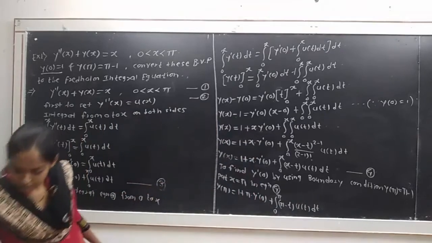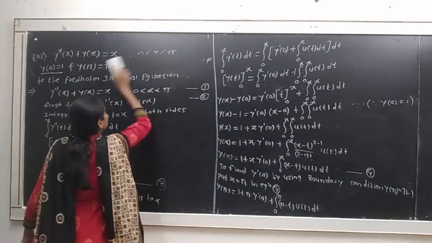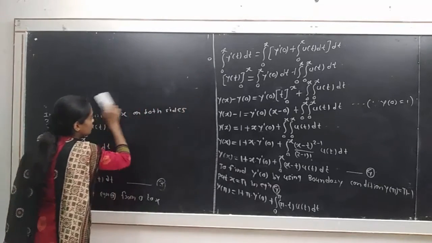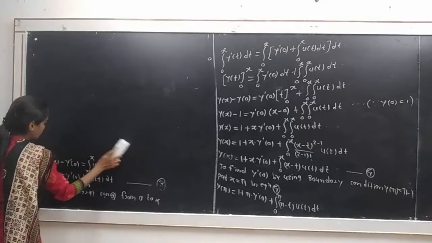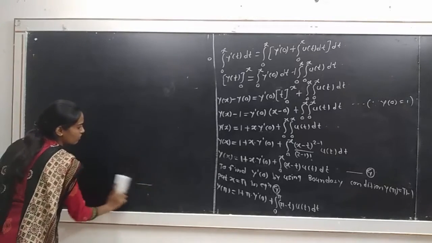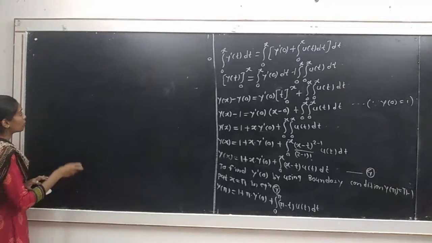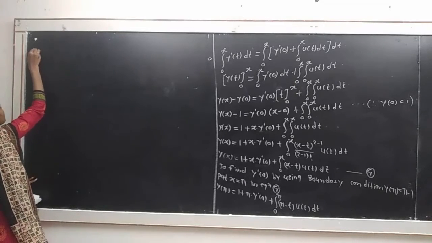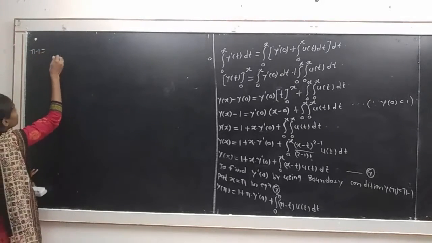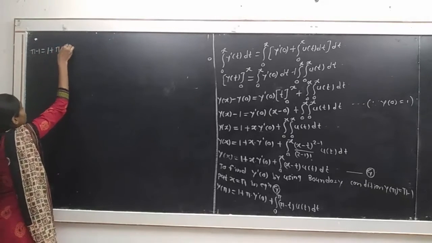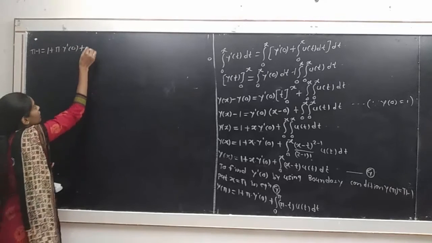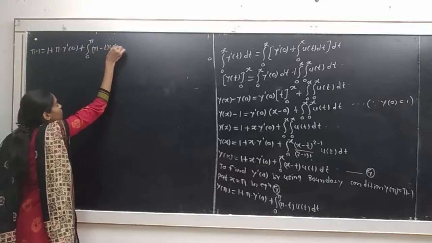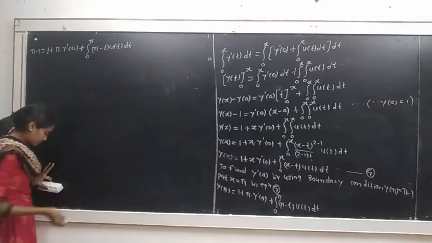Okay, then we can simplify this equation. By simplifying this equation we get the value of y dash of 0. Therefore we first write the value of y of pi, that is pi minus 1 is equal to 1 plus pi into y dash of 0 plus integration from 0 to pi of (pi minus t) into u of t dt.